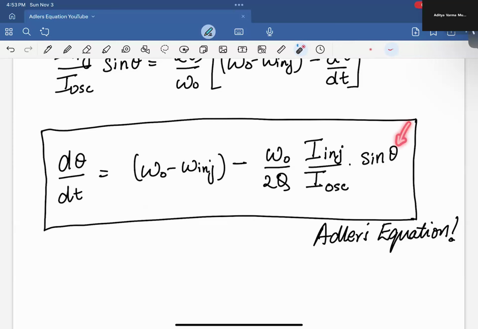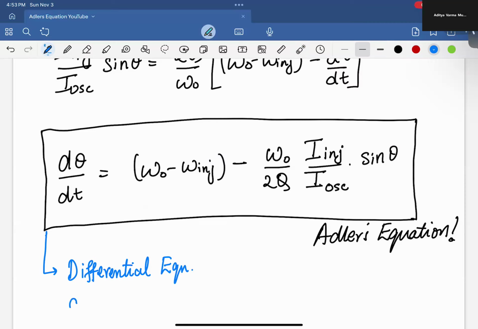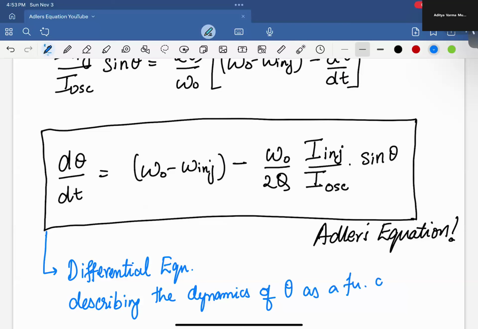And then you have theta on the right, so it's a differential equation essentially. So this is a differential equation describing the dynamics of theta as a function of time.